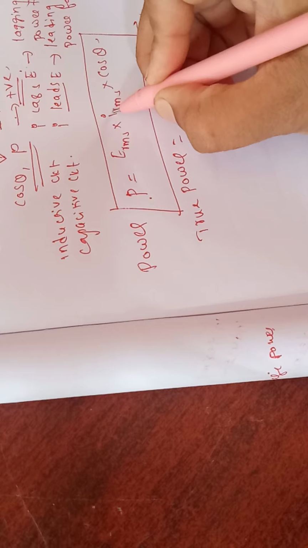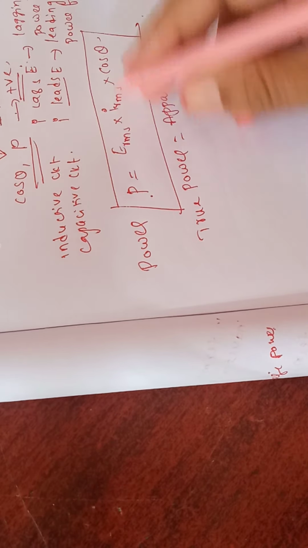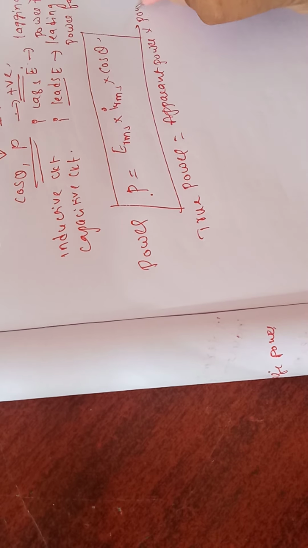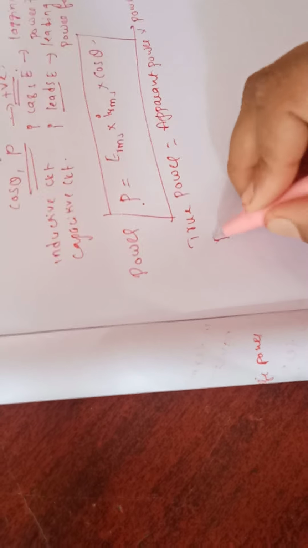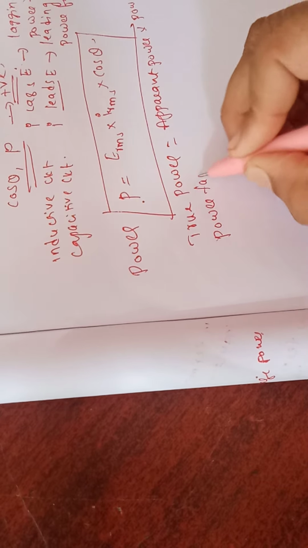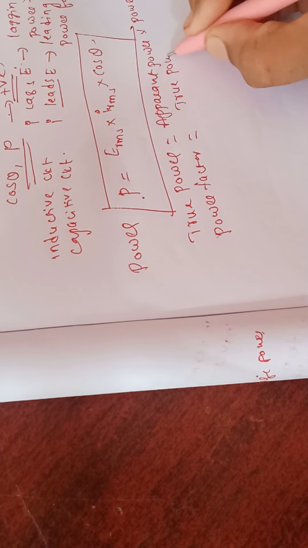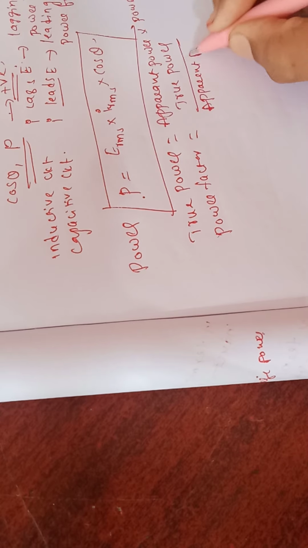And E into I, what will we call it? Apparent power, the product of voltage and current. So power factor is equal to the ratio of true power to apparent power.